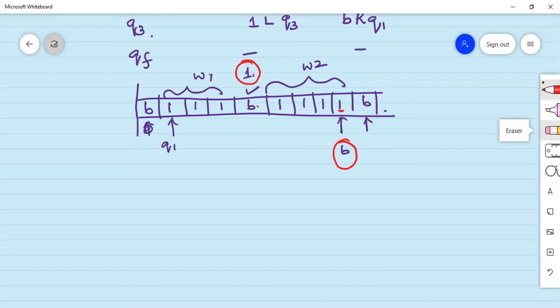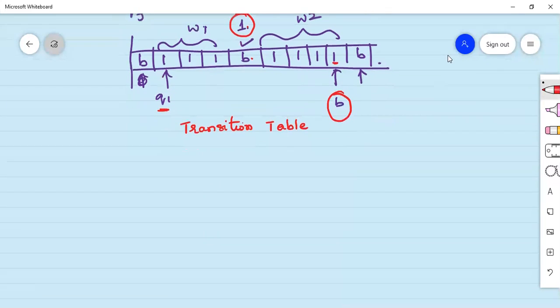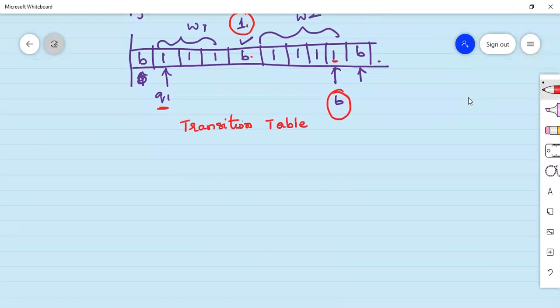Okay. So we'll start with Q1. So obviously in the transition table that we are going to design, in the rows we'll have the states, correct?